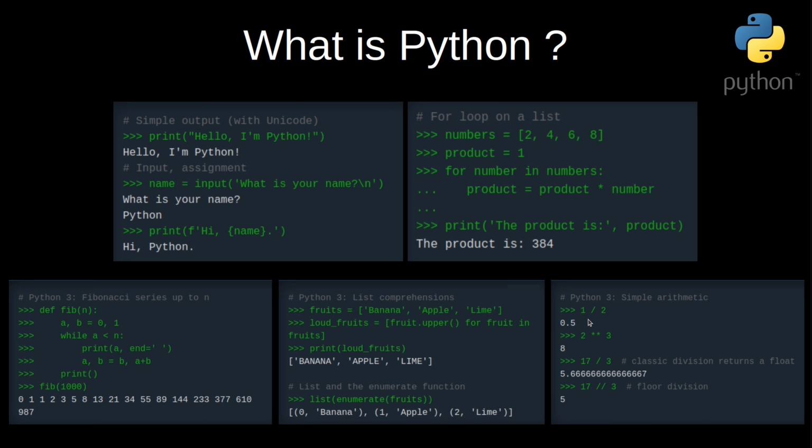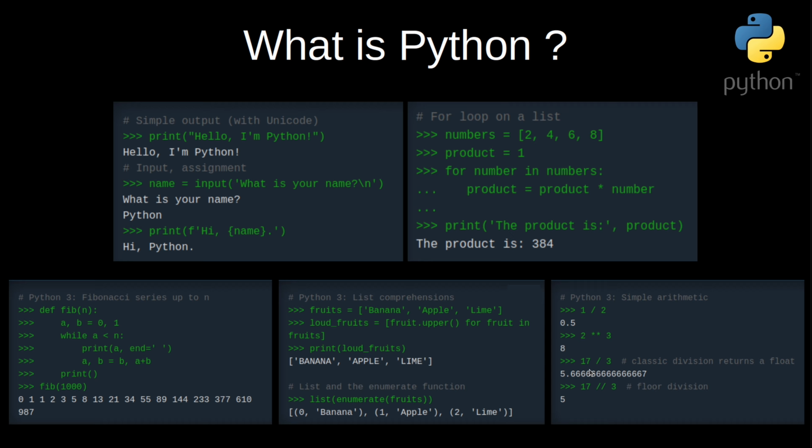For example, 1 divided by 2, it will output the result of the arithmetic expression, which is 0.5. 2 with double asterisks, or double stars, means 2 to the third power, or 2 elevated to the third power. So it will be 8, and we'll see not only these, but a lot of other math operations later.